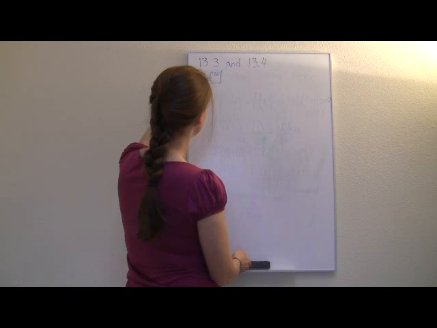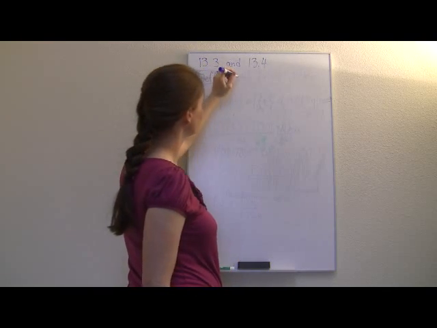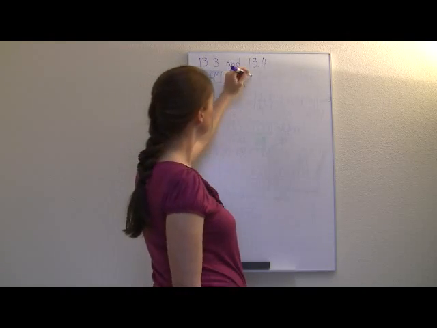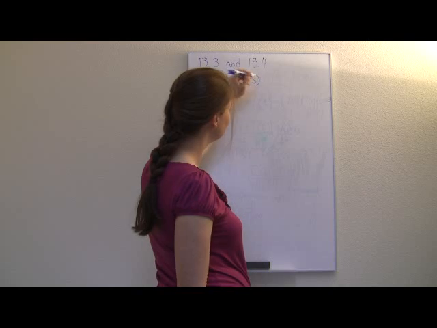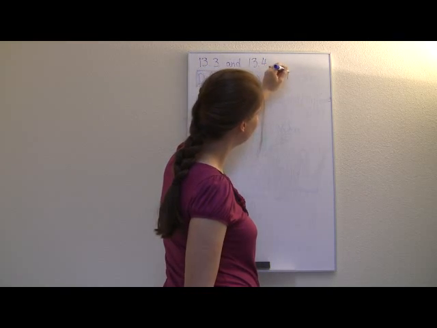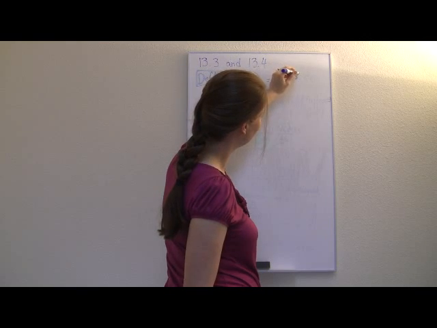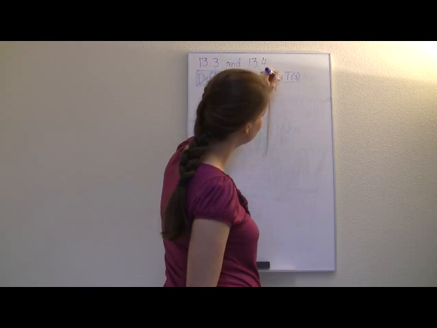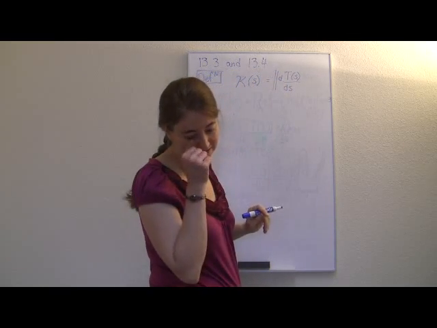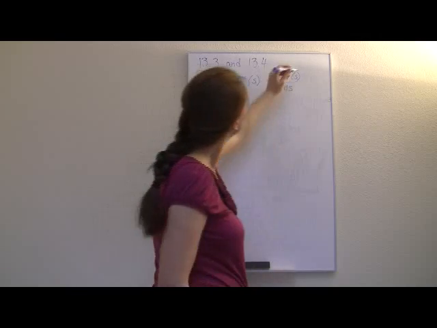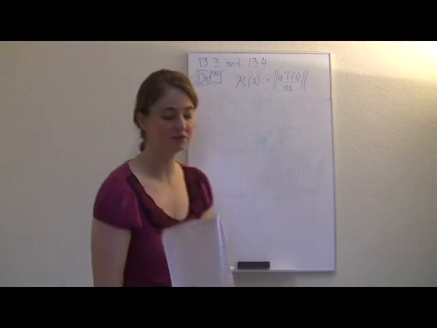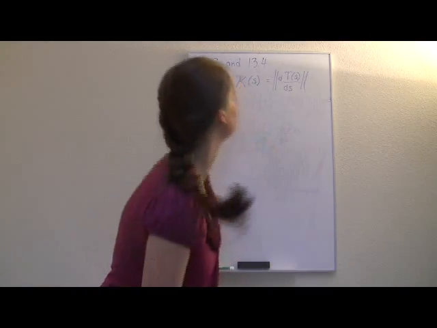The curvature of a vector-valued function, typically written kappa, that's sort of a curly k, of s, I'm going to define as the magnitude of the derivative of the unit tangent vector with respect to s. So I'm taking a derivative of my unit tangent vector with respect to s.